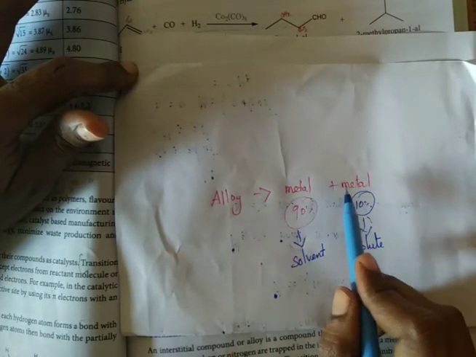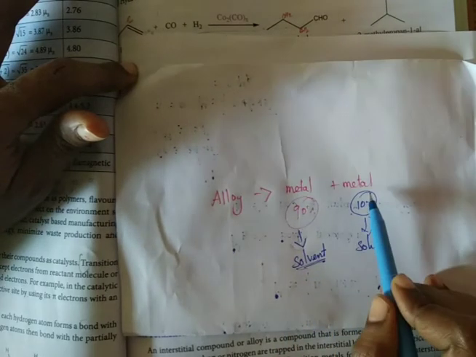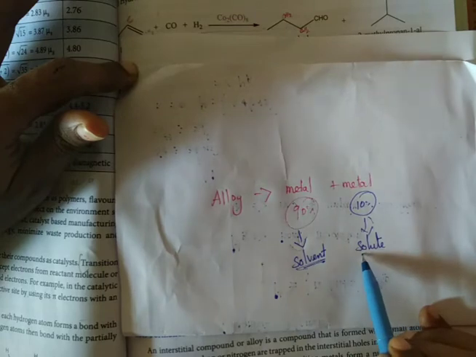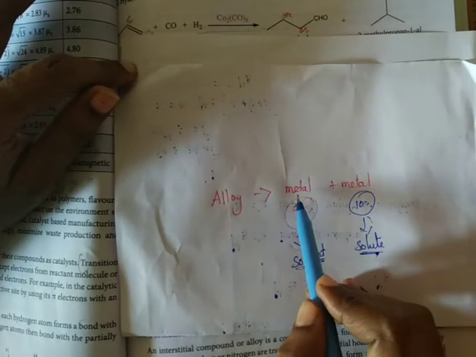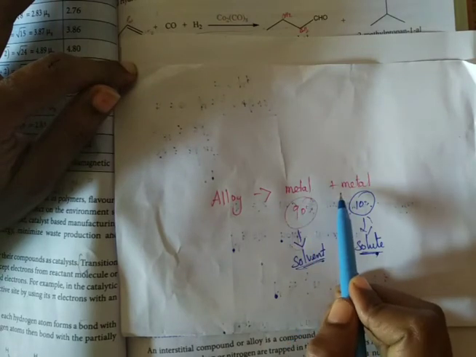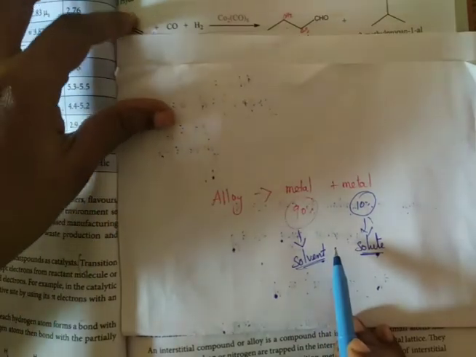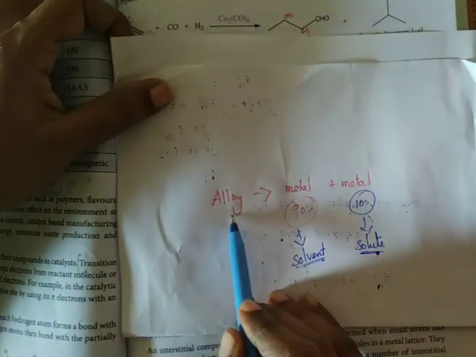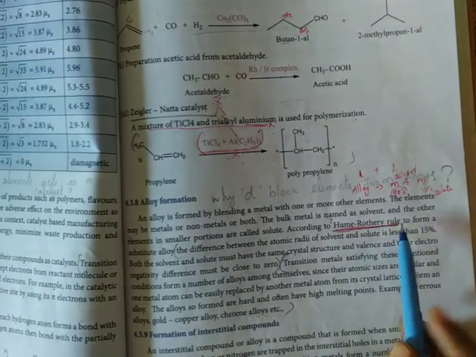In this mixture, the metal present in high amount is known as the solvent, and the one present in low amount is known as the solute. This mixture can be metal with non-metal, or two non-metals, or both. Alloy formation in d block elements follows the Hume-Rothery rule.